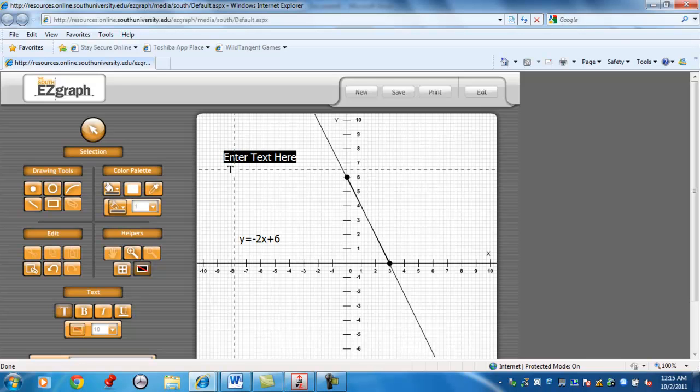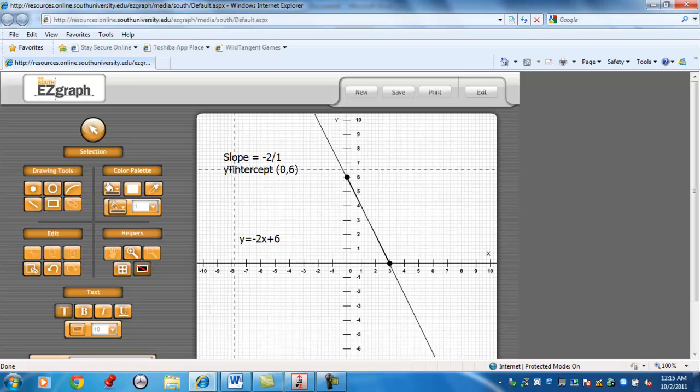You could say the slope is equal to negative 2 or negative 2 over 1, and we could say the y-intercept is 0, 6.